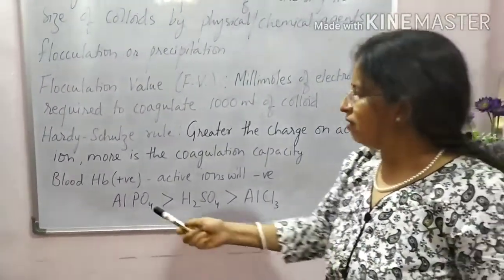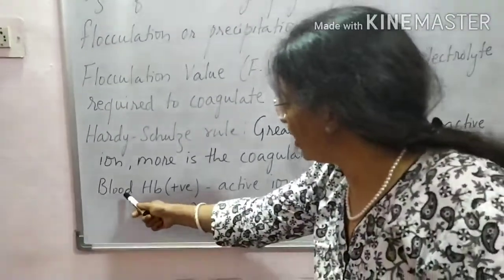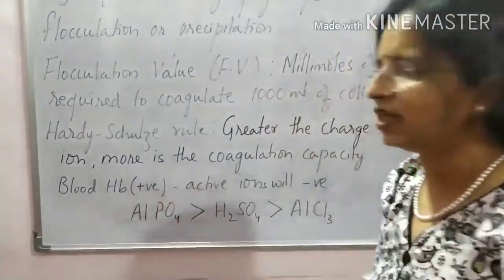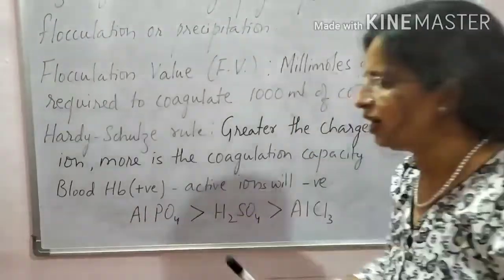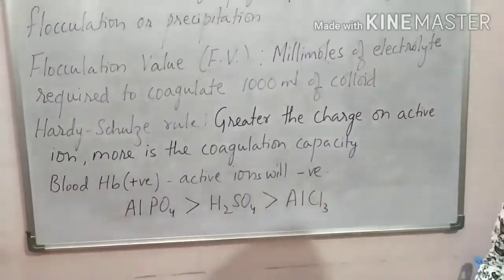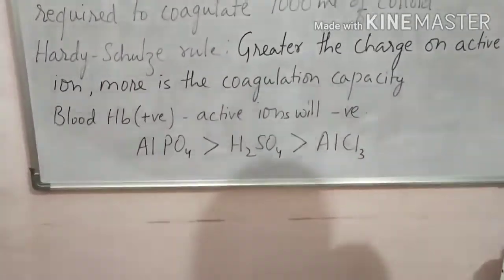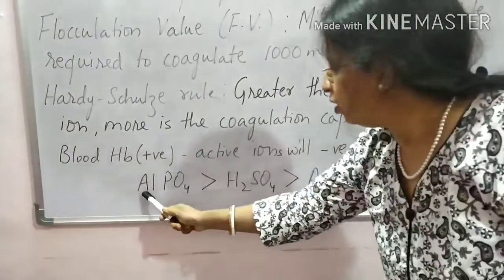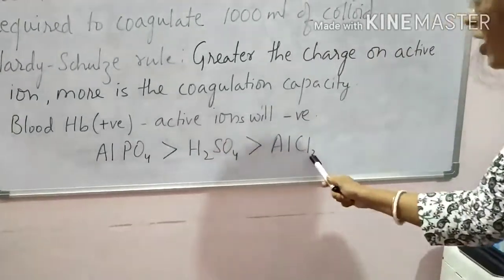Now I have tried to explain this with blood. Blood has hemoglobin, which is nothing but a positive colloid. So blood को अगर coagulate करना है, what do I need? The active ion is going to be negative. So I have chosen 3 electrolytes: aluminium phosphate, sulfuric acid and aluminium chloride.